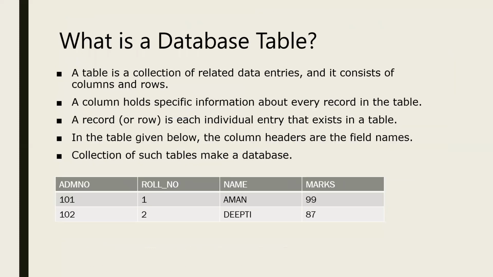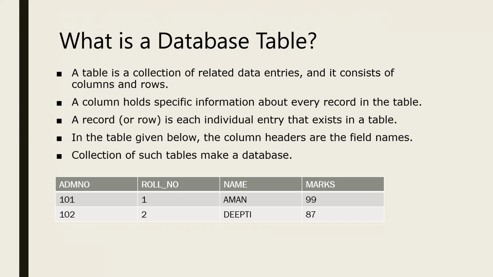For example, you can see this table. If I want to add a new record of admission number 103, that will be considered a DML command. If I want to make some modification in the marks of Aman or Deepti, which is the modification of one particular field of one particular student, that will also be considered a DML command.